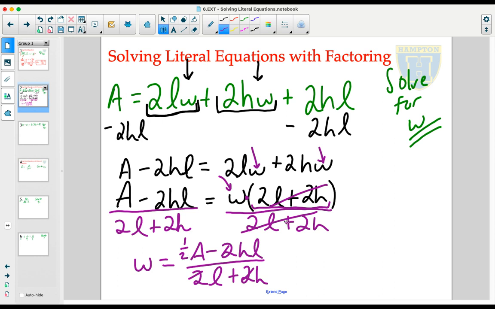But we're at the point where we're just looking to get this manipulated into a way where W is by itself, and on the right-hand side are all of those extra terms and factors. We were able to do that for this example by moving the W out to the front in a reverse distributive property application, factoring the greatest common factor.